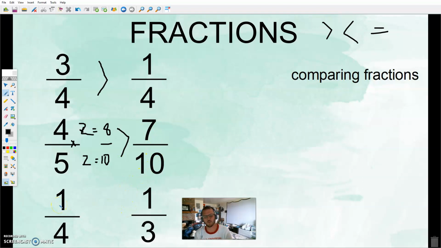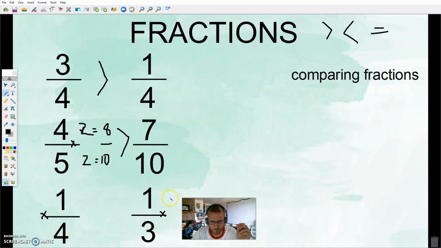Now what if I've got 1/4 and 1/3 that I want to compare? I can't easily turn 3 into 4 or 4 into 3. The easiest thing for you to do is to multiply them both by a form of 1 of the opposite number.